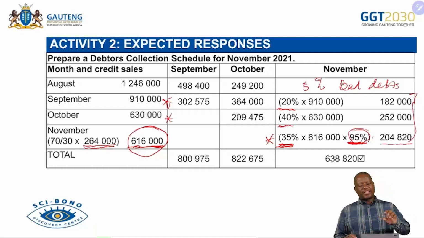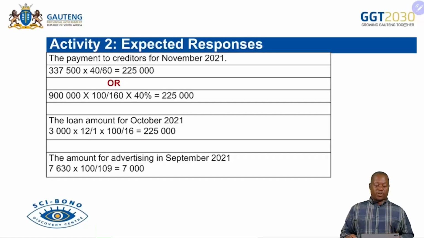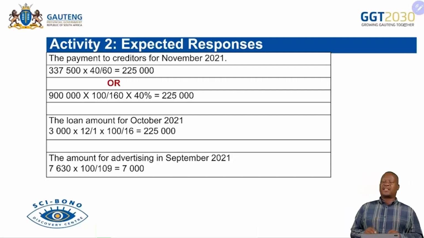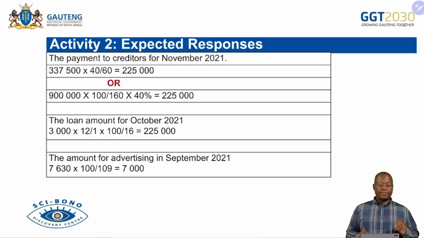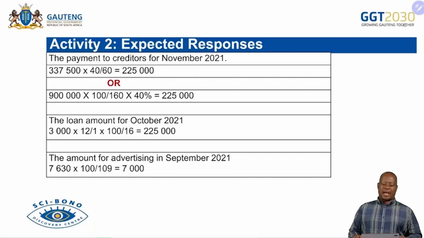Now, let's check how we are going to deal with the other missing figures. Let's start with the issue of payments to creditors. Remember what's happening here.